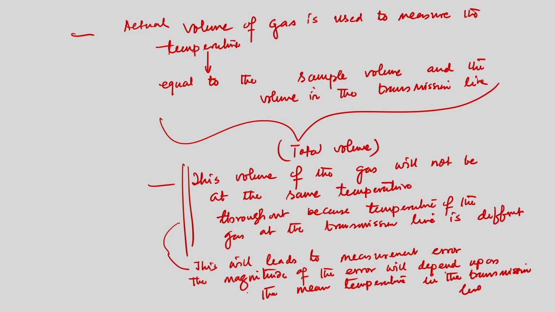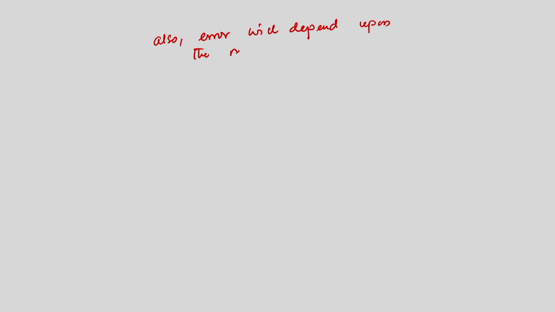So, this leads to measurement error, and the magnitude of the error will depend upon the mean temperature in the transmission line, and also upon the relative volumes, I can say, in the sample volume and the pressure transmission line.